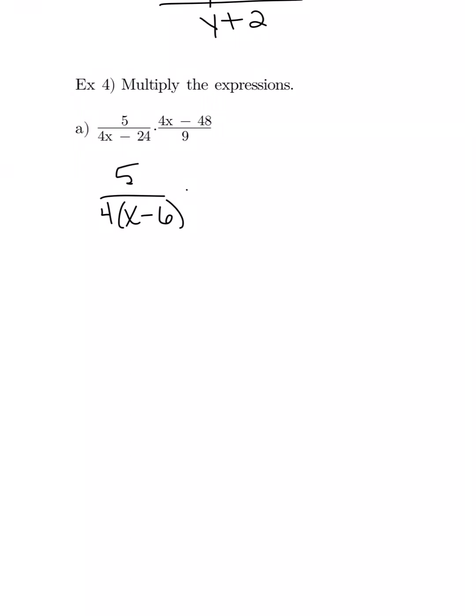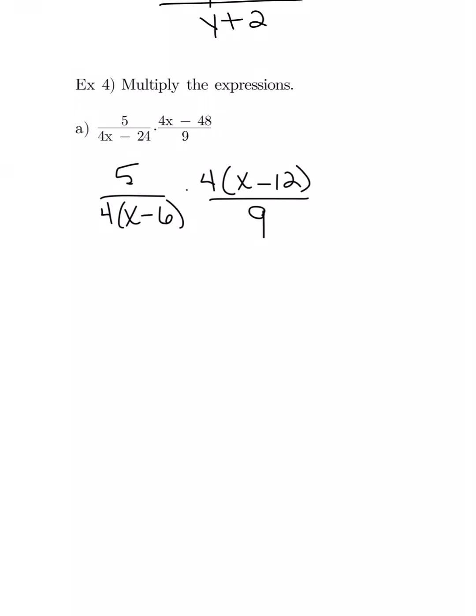This is times, on the second fraction where we have 4x minus 48 in the numerator, we can factor out a 4 there also, and we will get x minus 12 left inside, and then that's over a denominator of 9. In looking at this, do we have any factors that are exactly the same that would cancel out as a 1?